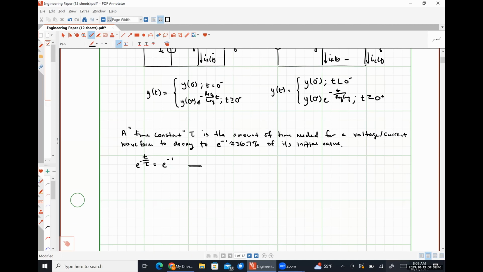And from this, we can see that the time constant for an RL circuit is literally just the equivalent inductance over the equivalent resistance. And the time constant for an RC circuit is just the equivalent resistance times the equivalent capacitance.